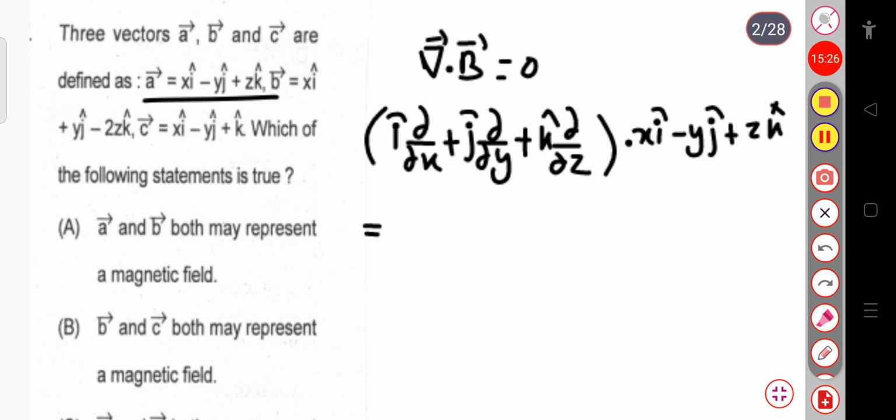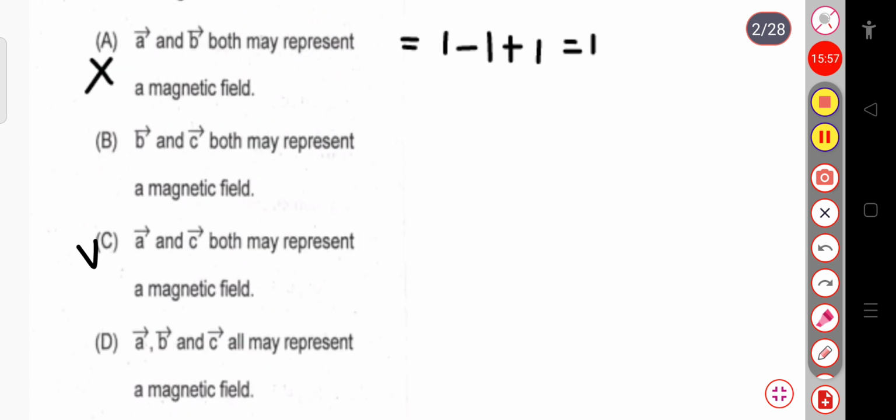So here i dot i will give you 1, dou by dou x of x is 1, plus j dot j is 1, dou by dou y of minus y is minus 1, plus k dot k is 1, dou z by dou z will be equal to 1. So here you can see the answer is 1. So A vector will not give a magnetic field. So the first option is not our answer, and C and D are also eliminated. So directly you can check that B is the correct answer.